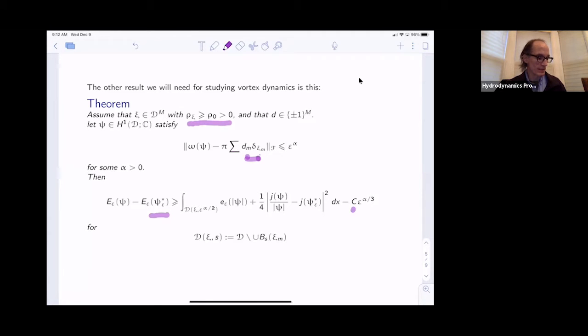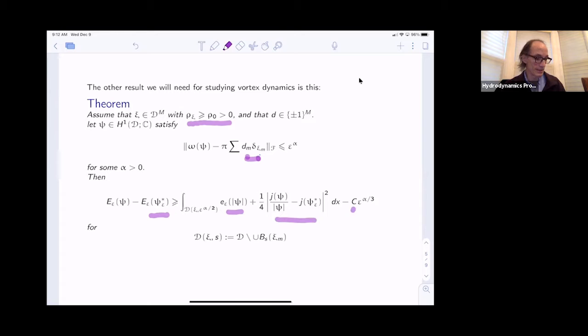So this says that not only is psi star close to optimal, but if the energy of psi is close to the energy of psi star, then psi looks a lot like psi star. Its modulus is very close to 1, and the gradient of the phase of psi is close to the gradient of the phase of psi star, at least if I stay away from the vortices a little bit.